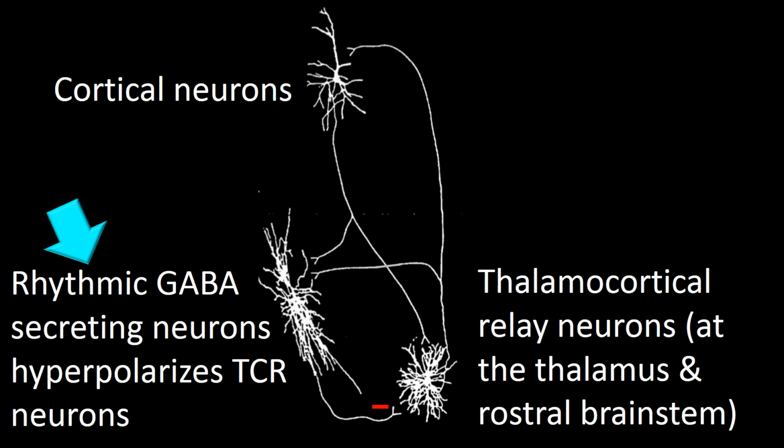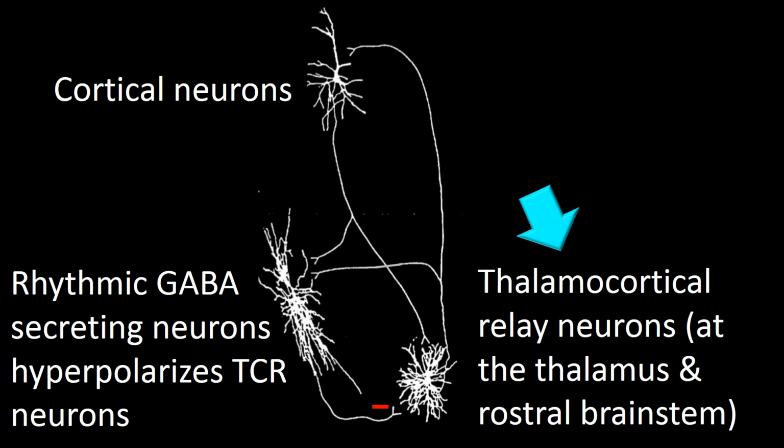that rhythmically secreting GABA neurons in this structure produce an inhibition that hyperpolarizes the cells in the thalamocortical relay neurons.